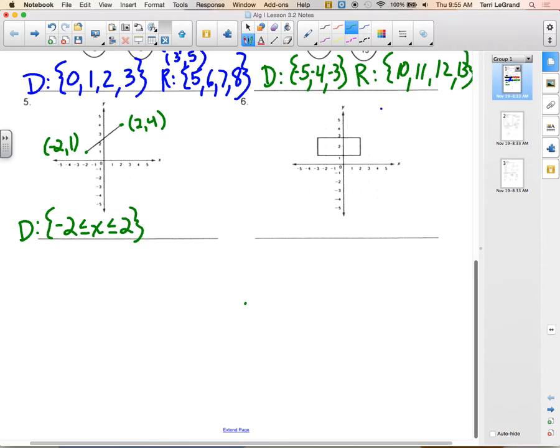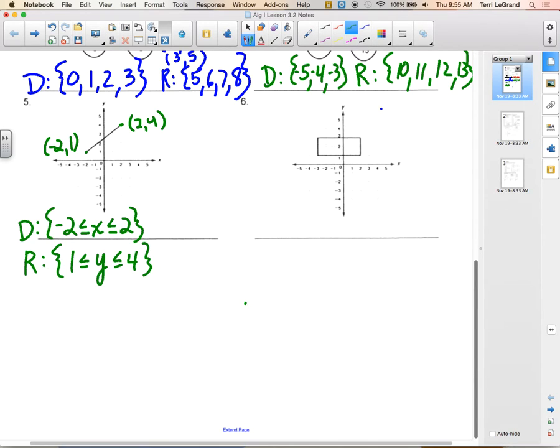Okay, now let's do our range. Our range is also going to have to be a range of y values. It's going to have to be written as a compound inequality. So what would that look like? John? 1 is less than or equal to y, which is less than or equal to 4.